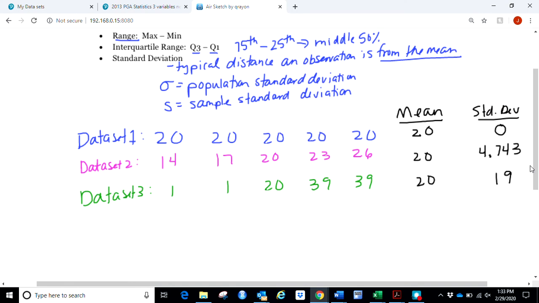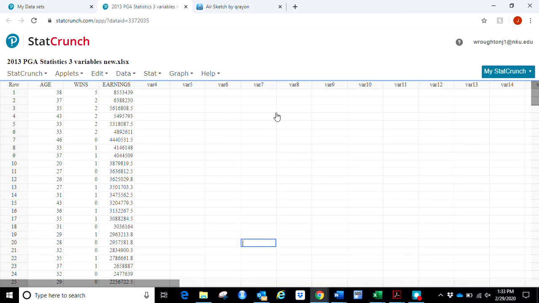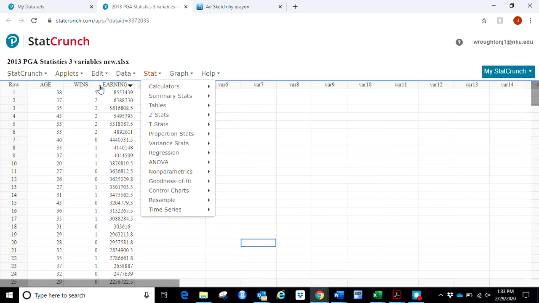So we are going to be looking at the earnings of PGA golfers in 2013. This data set is provided for you as well. Bringing up the data set here in StatCrunch, this is what it looks like. We recorded someone's age, how many tournaments they won, as well as how many earnings they had in dollars.